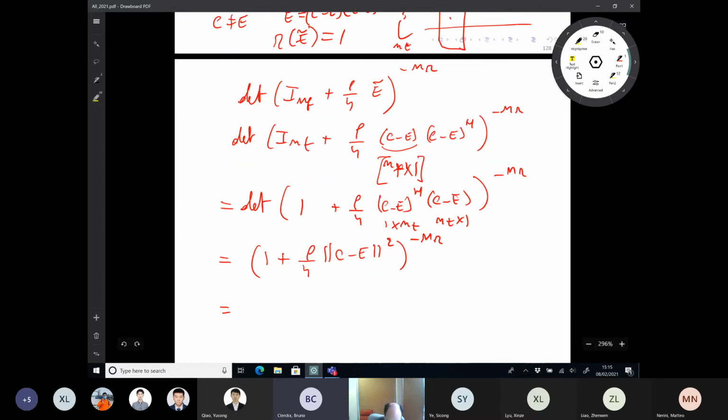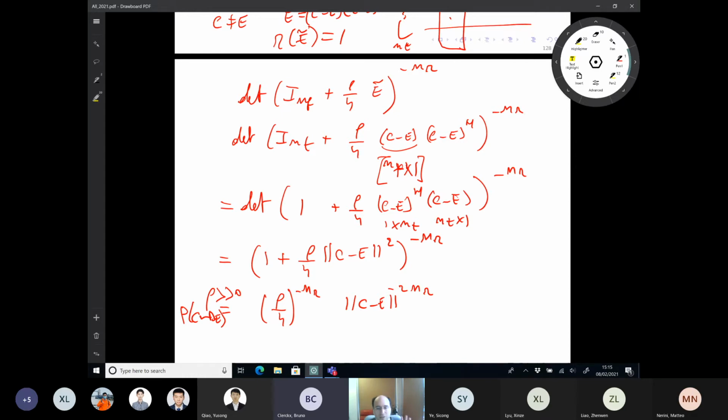And now if I look at high SNR, if rho is large, I'm going to have rho over 4 to the minus NR, C minus E squared to the minus NR.